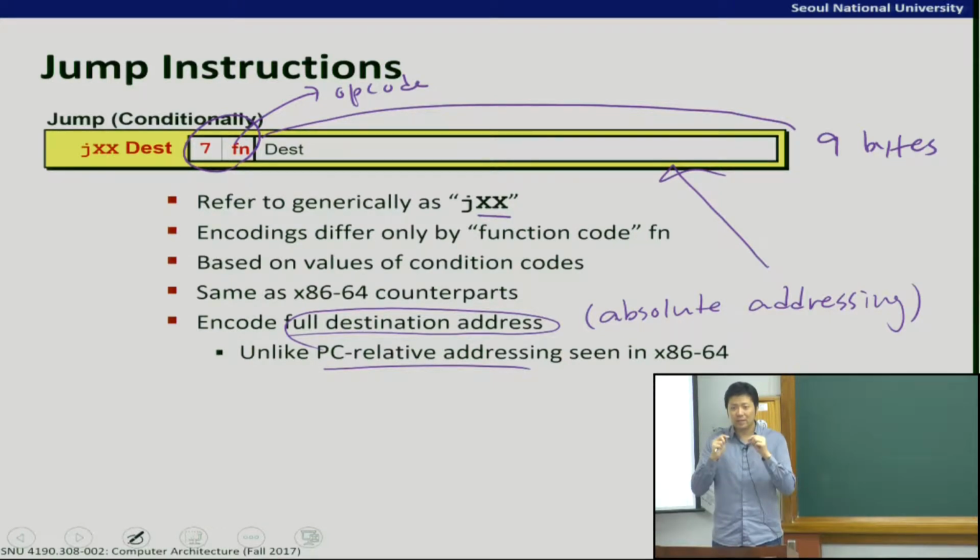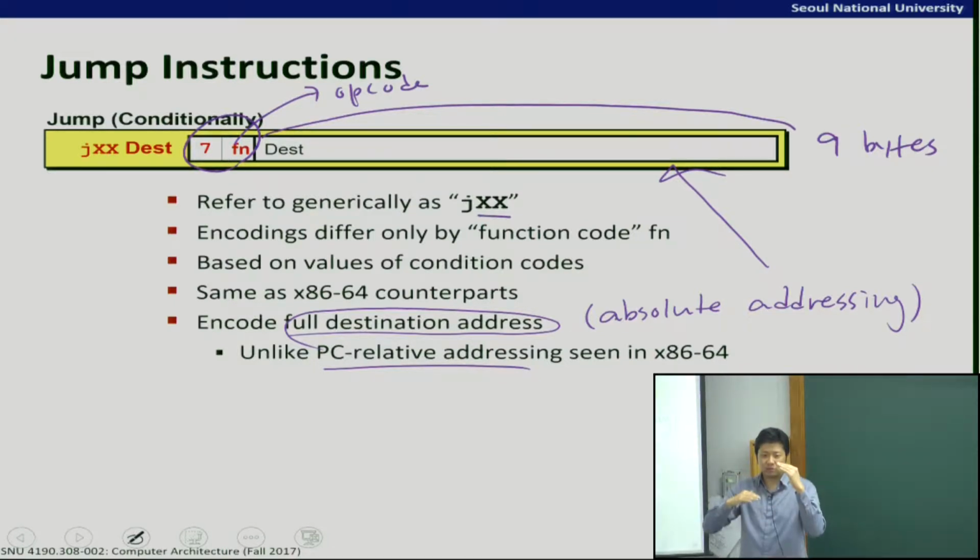In that case, you can save bytes by encoding only the difference between the current instruction and the target instruction, instead of a 64-bit absolute address.